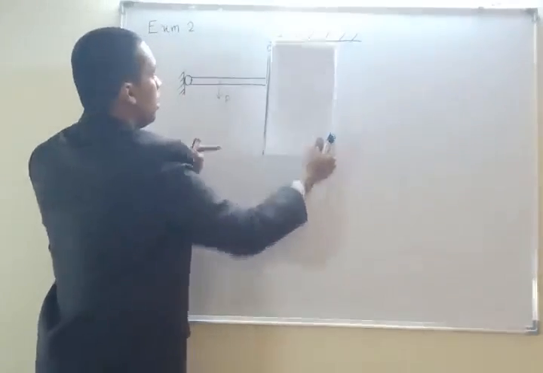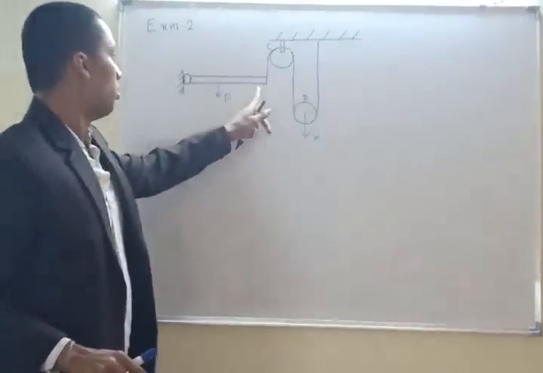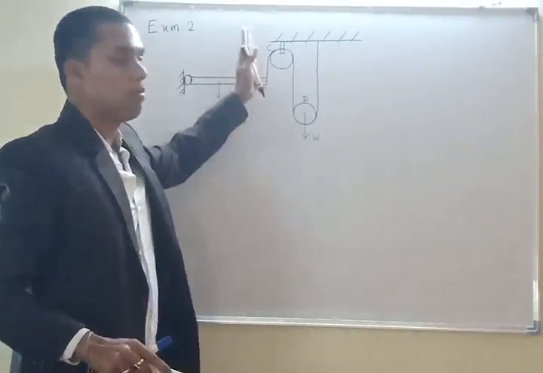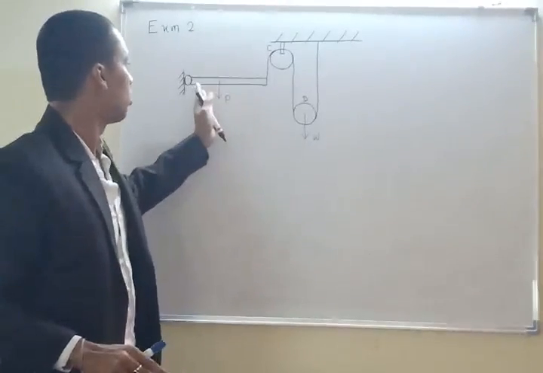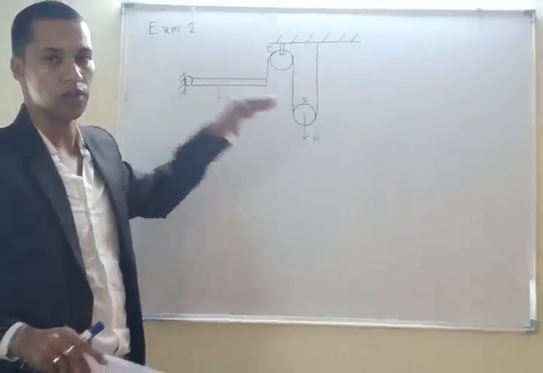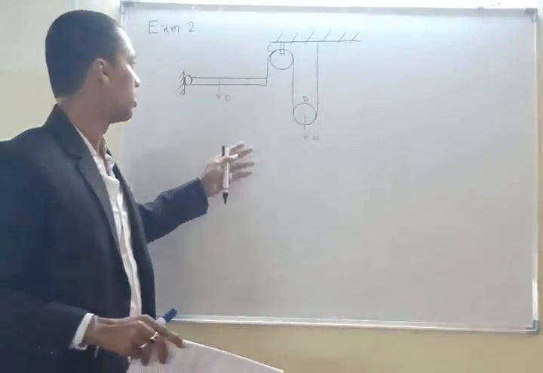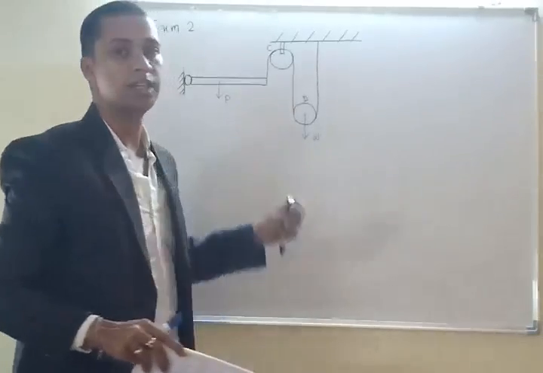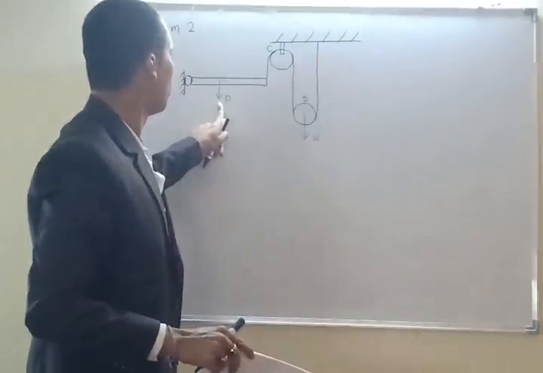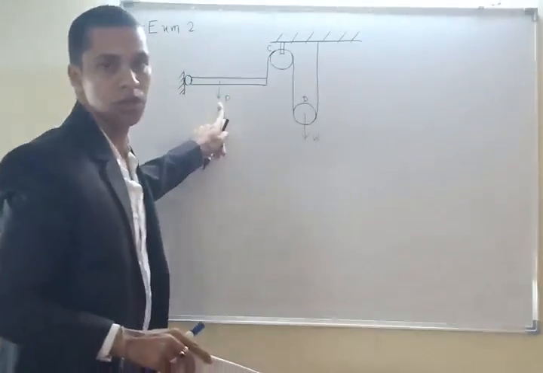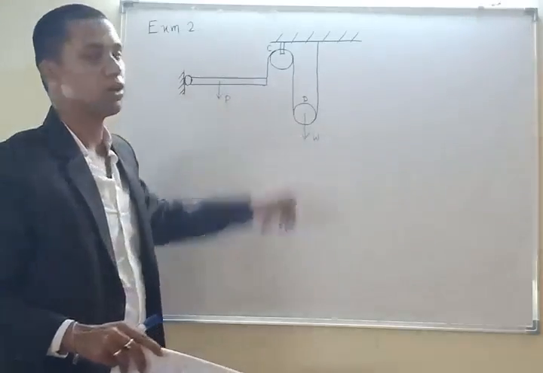Okay, he wants this beam to not go up and not go down. Okay, he wants the beam to be horizontal, stable. It means he wants this beam to be in a stable equilibrium. At what point should we apply this P so that the beam remains horizontal?